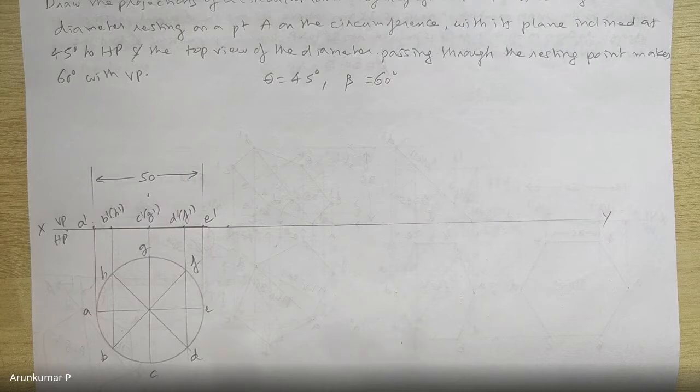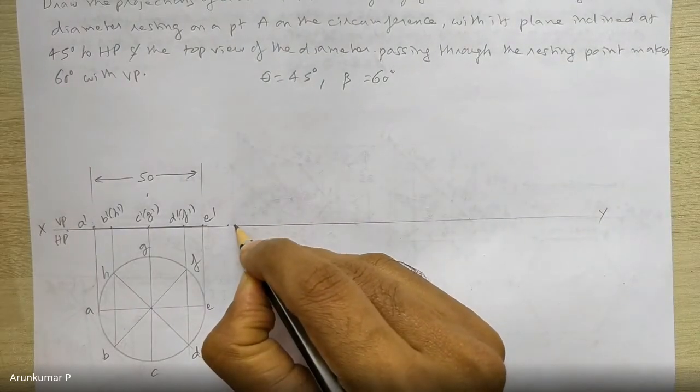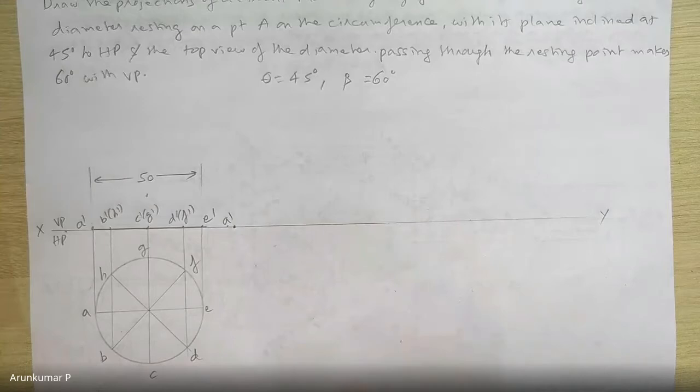Second step, incline this 50 mm line at 45 degrees. So your regular step, leave some gap, mark the point A dash, because as you have seen, when you are inclining, the point A is on HP, so A dash would be on the XY line in the front.